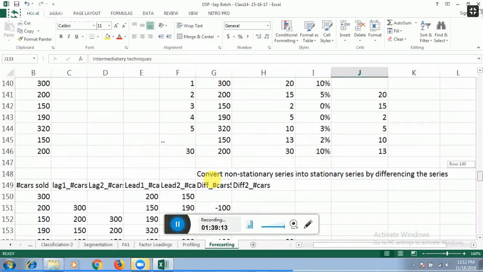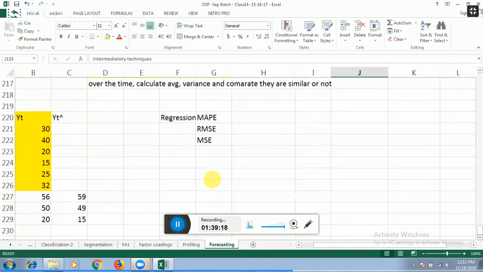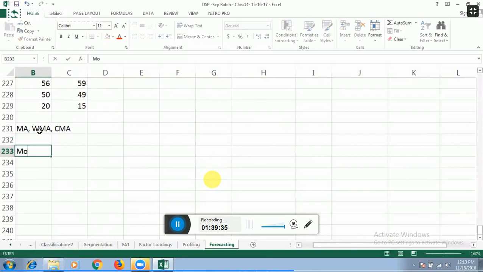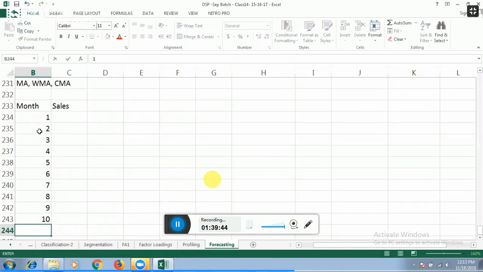Okay, so now let's quickly understand the techniques I was referring to. First of all, understand what the moving average, weighted moving average and centered moving average are. Suppose you have the data of monthly sales, with periods 1, 2, 3, 4, 5, 6, 7, 8, 9, 10, 11, 12.